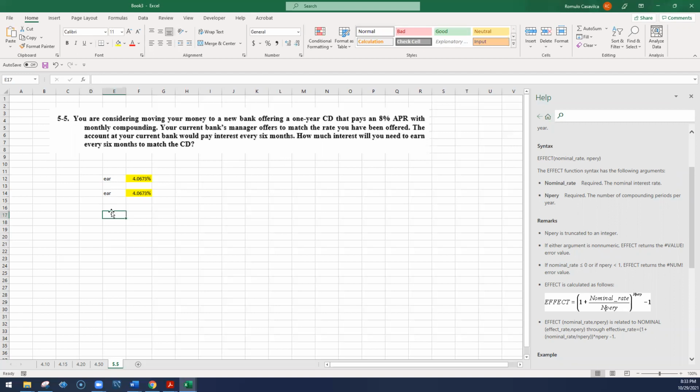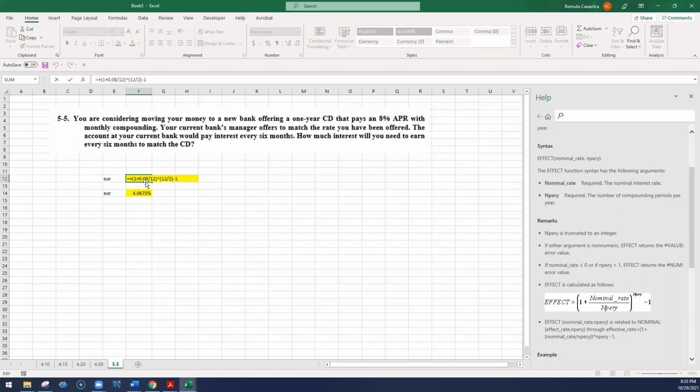This function is a little bit weird. So the formula is 1 plus the APR divided by 12 because it's monthly compounded, and this is the 6: 12 divided by 2 because they pay you every 6 months. So 12 divided by 2 is 6.